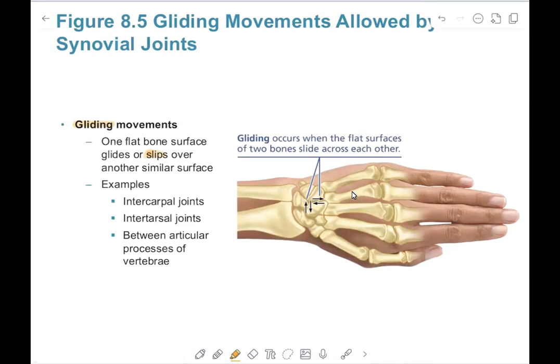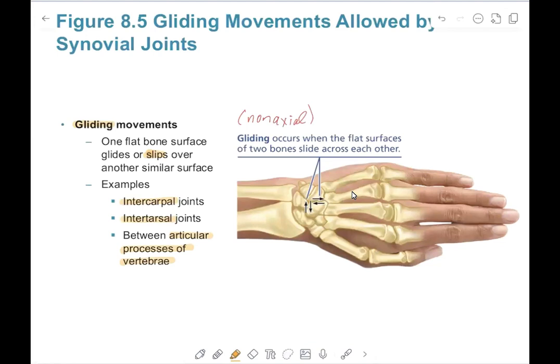So this would be a non-axial type of movement because it doesn't even move in one plane. There's just a little bit of slipping motion. So we see it between the intercarpal bones, the intertarsals, which is in the ankles, and between the articular processes of the vertebrae.